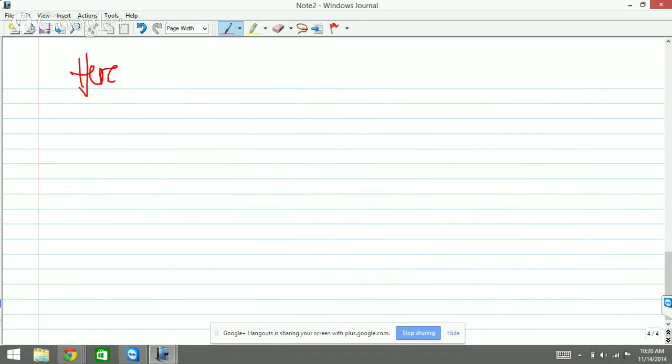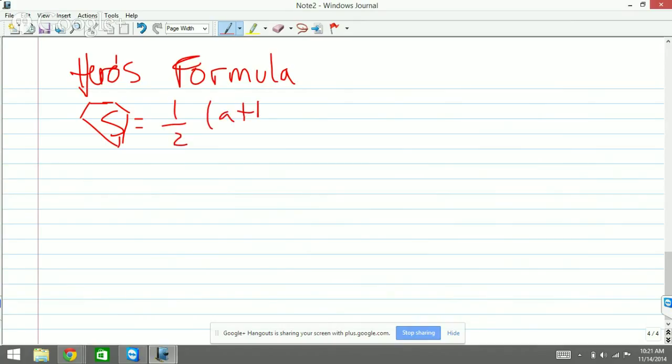Okay, here's one more. One more area, triangle area formula. This is if you have all 3 sides. Hero? Hero? Yep. And we could add in a little hero if we wanted. Okay, here's the first step.